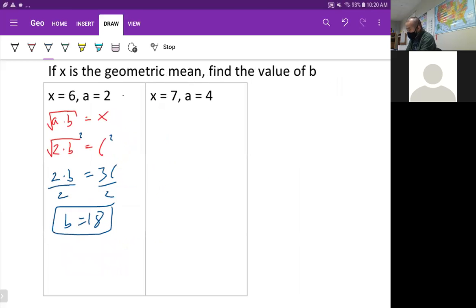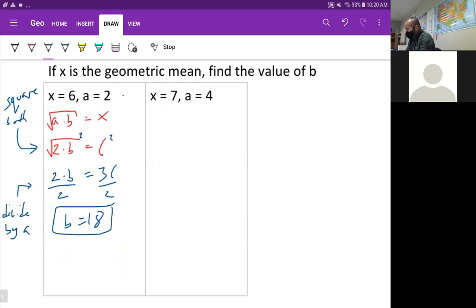So take note, when you have something like this, those are the steps you do. You square both of them, and then you divide by a. Is that a shortcut? Yes, that's a shortcut.